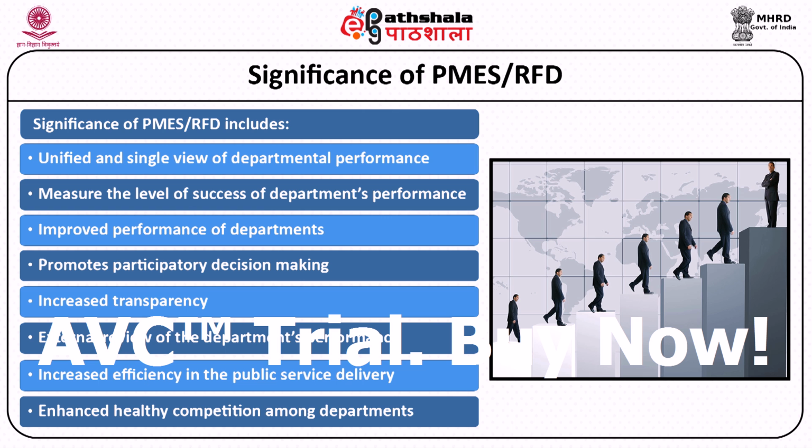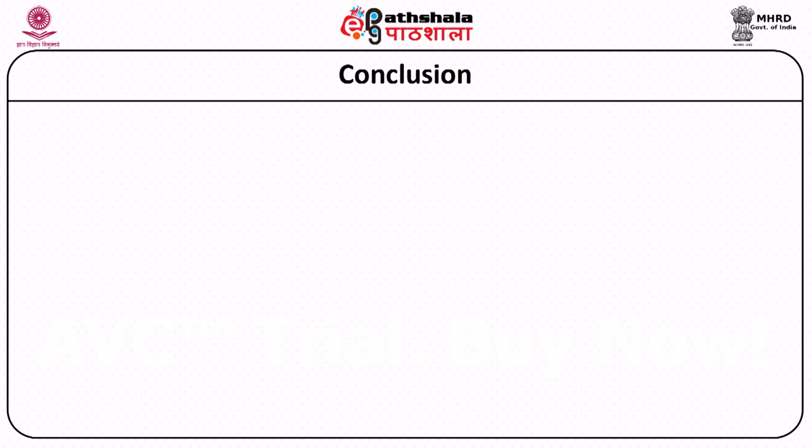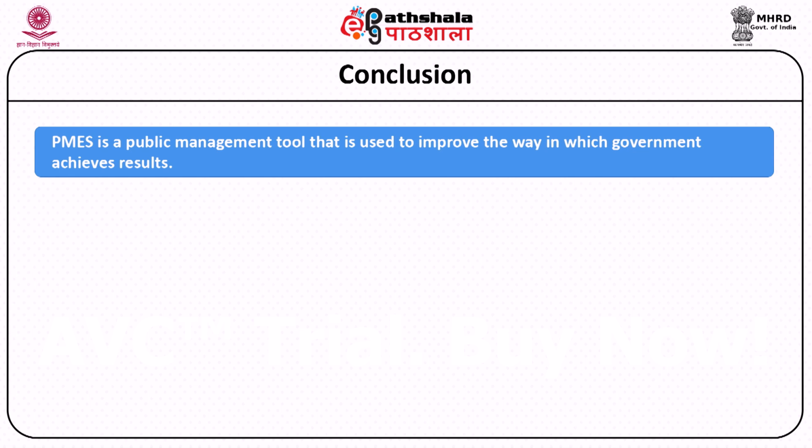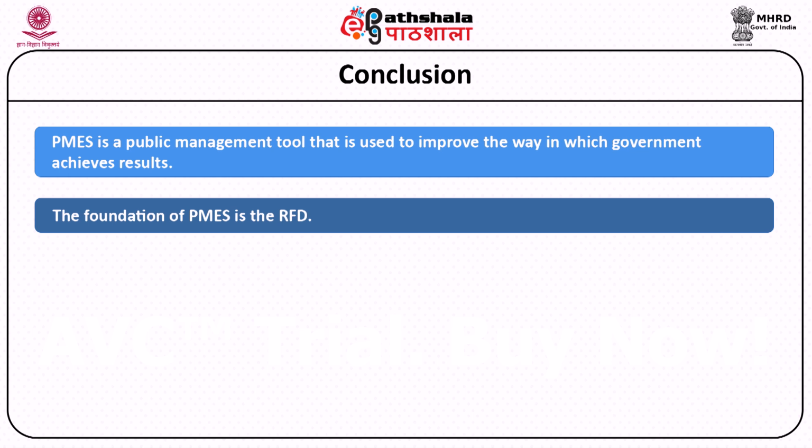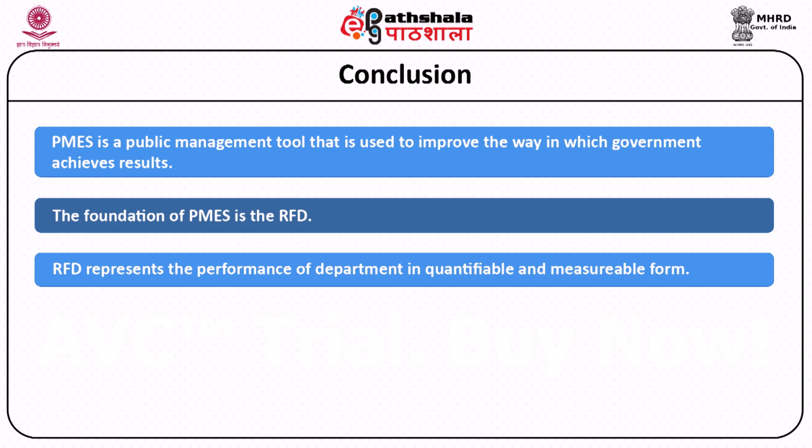The conclusions of this module. RFD is a tool which helps in improving the way in which the government achieves results. It presents the functioning of the department in quantifiable and measurable terms.